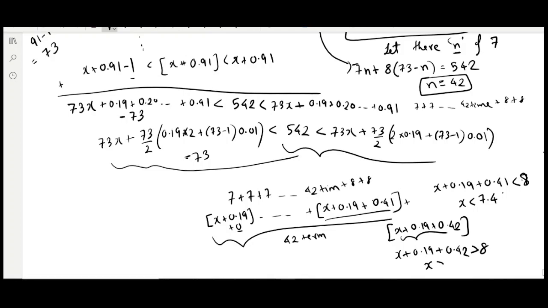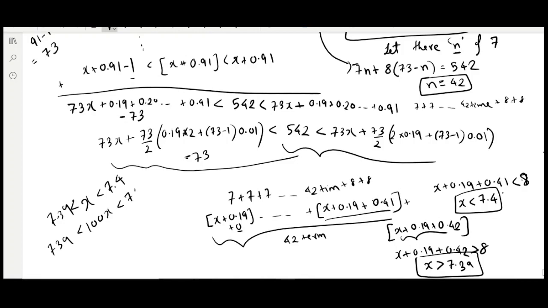So after calculating, just to save time, we will get this number, right? And we will get this number. So we can see that x lies between 7.39 and 7.4. If we multiply by 100, we'll get 739 to 740.